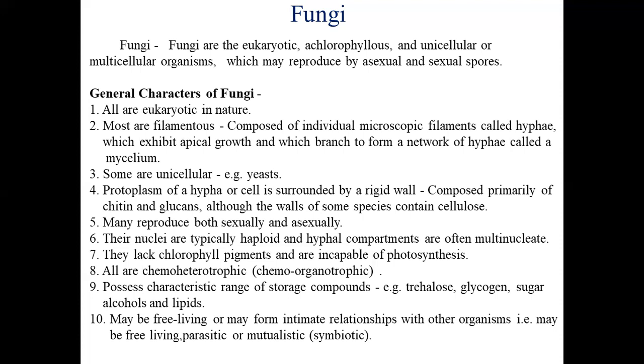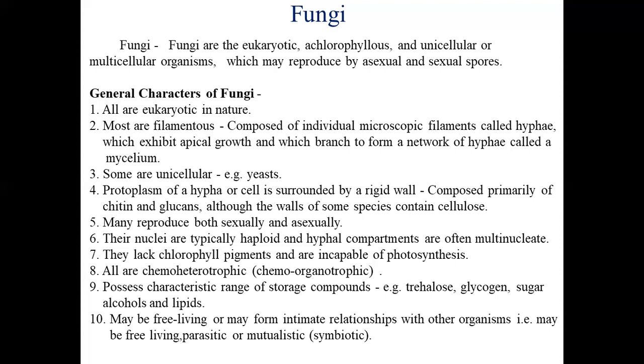All are chemoheterotrophic, which means chemoorganotrophic also, that depends on chemicals. It means some kind of organic material is absorbed from organic matter, in the form of certain chemicals which are to be absorbed by that particular fungus.